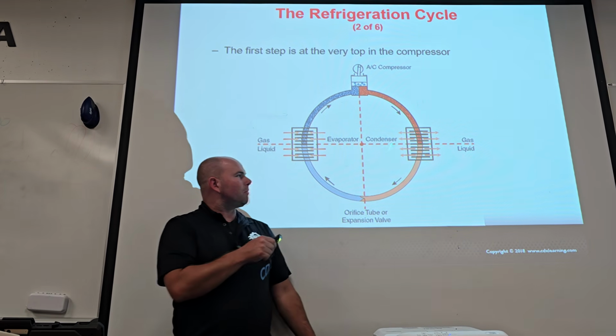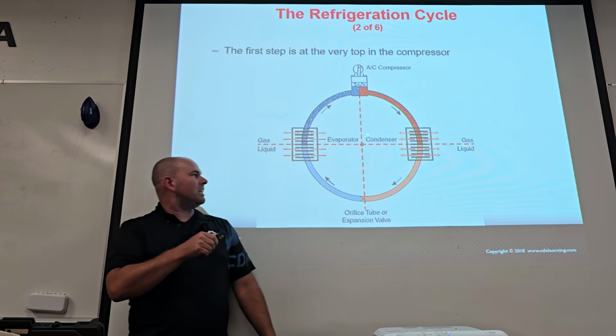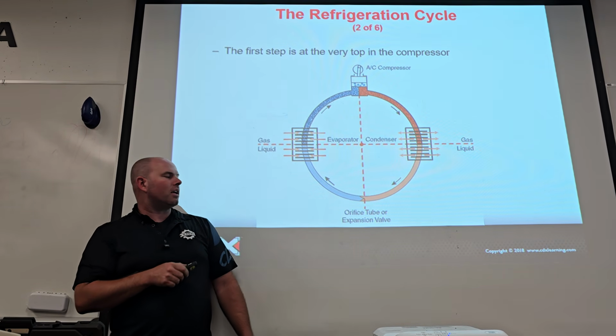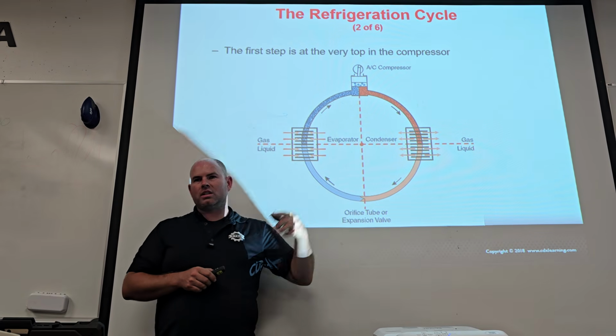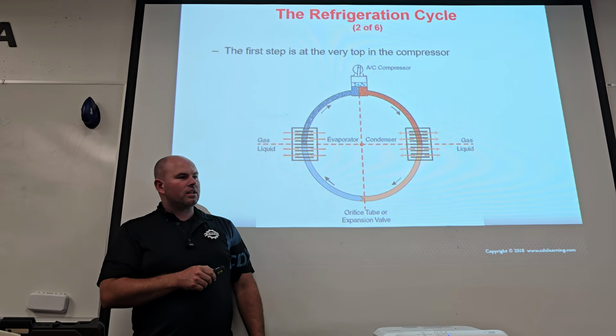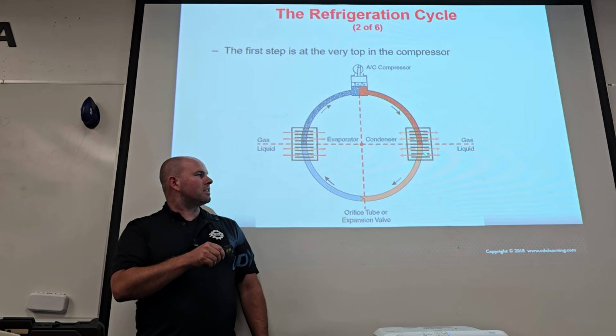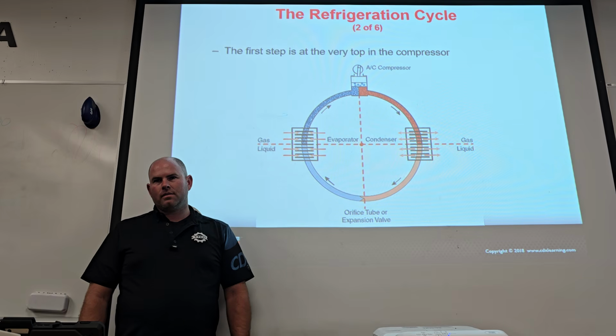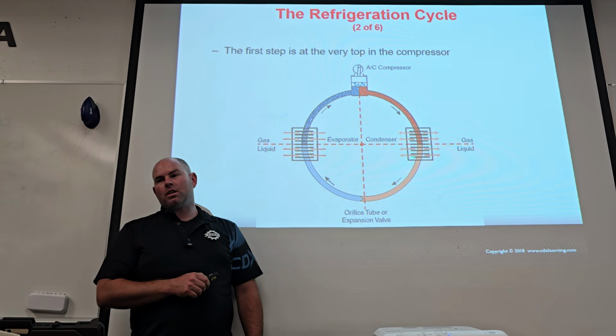But we need this to be at the specific pressure. We need this to be at the specific pressure. So we need that compressor working right, and we need this orifice tube or TXV working right. If you had 100 and 100, it's not going to condensate and it's not going to evaporate. You get no cooling. Make sense? You should have maybe 2 something depending on the ambient.